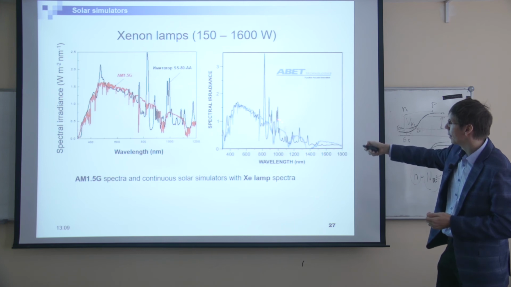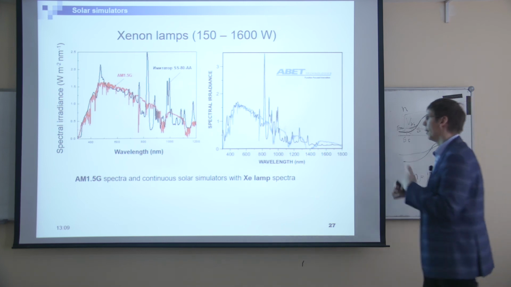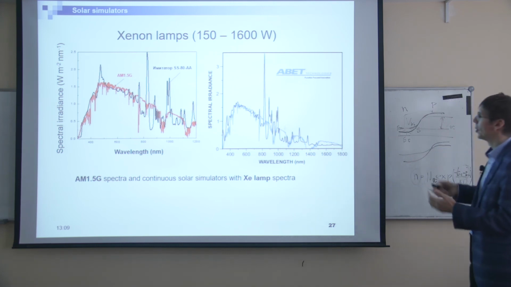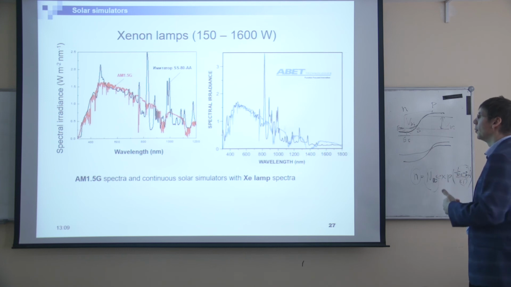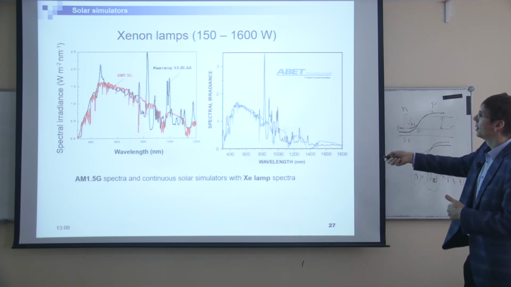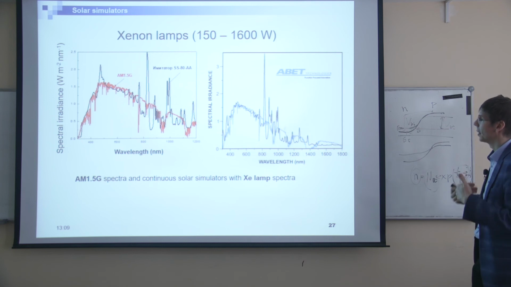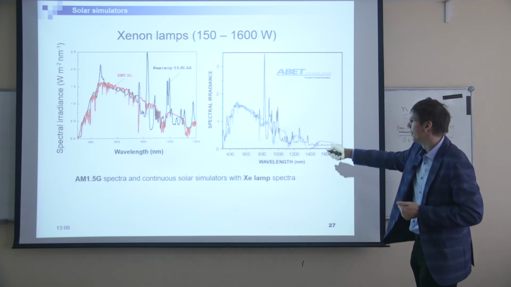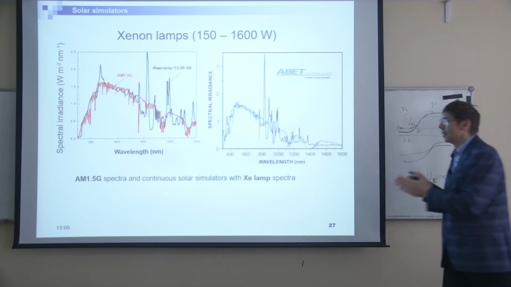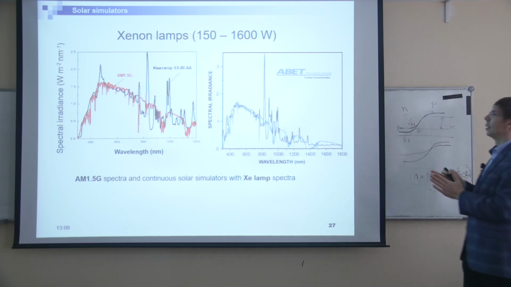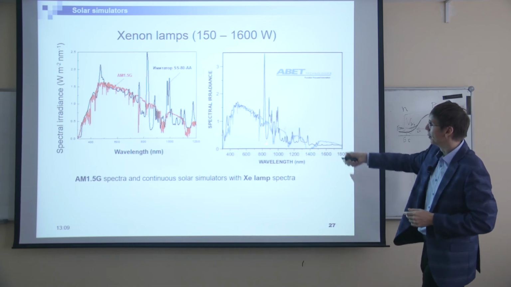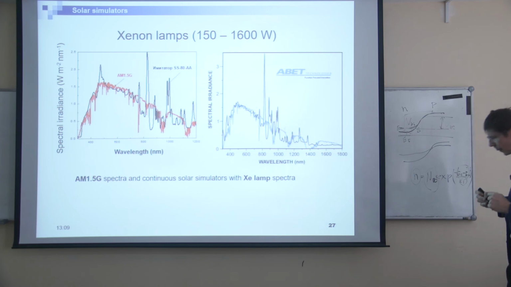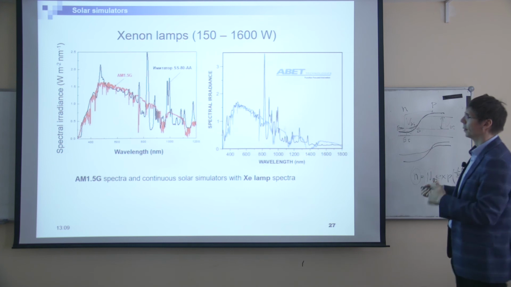For the near infrared range, you have a set of peaks, but using the filter, you can reduce the intensity of these peaks. And then, as I told you, if you divide this spectrum into different ranges, you can obtain the case where within one of these ranges you have the same intensity as for the standard spectrum.